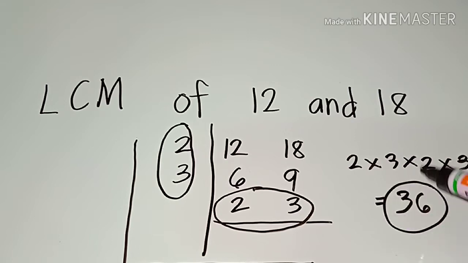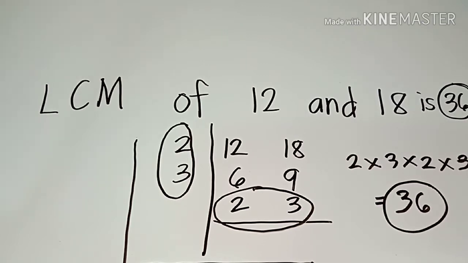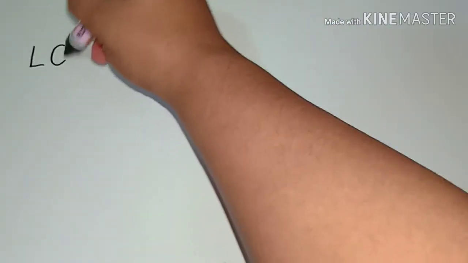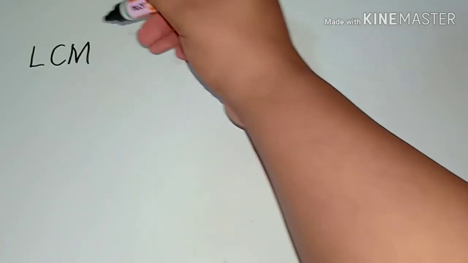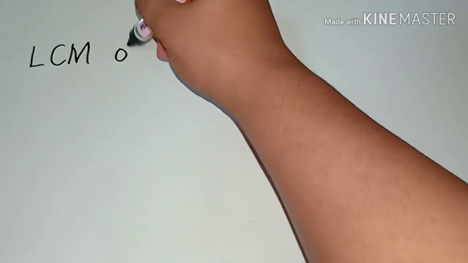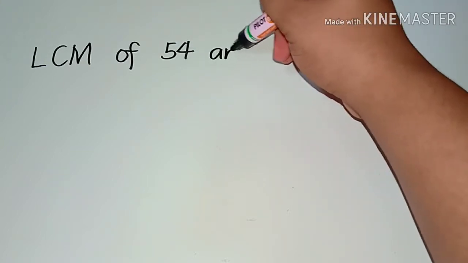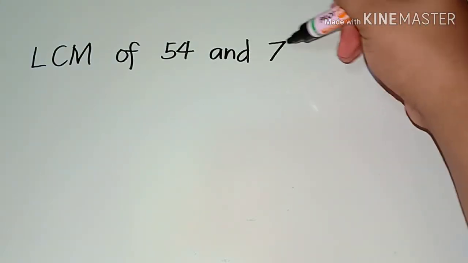So that means the LCM of 12 and 18 is 36.